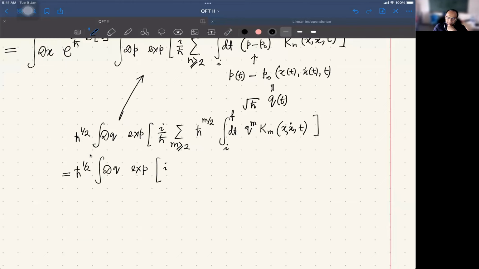So when m is equal to 2, then it is h bar, that cancels this. So the first term is i times q squared k2.